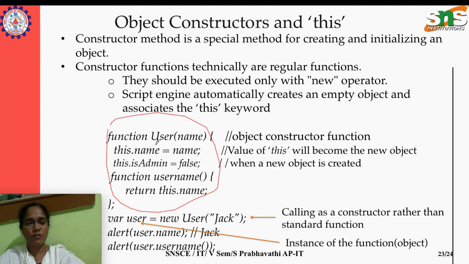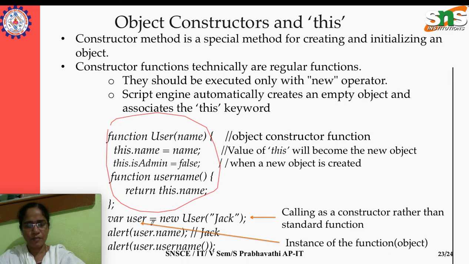So when you call this function user using object 1, then object 1's name and isAdmin will be referred. When we call this function using object 2, object 2 has its own name and isAdmin value. So this refers to the value for the current object.